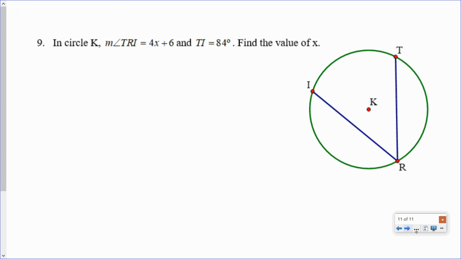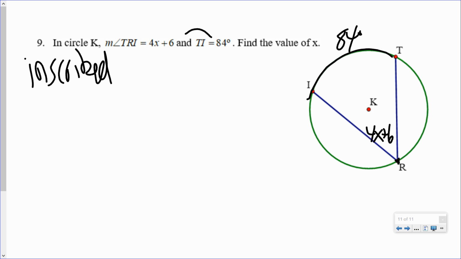And finally, angle TRI is 4x plus 6. Arc TI is 84, and it's asking for the value of x. Well, what type of angle do I have here? It's on the circle, so it's inscribed. Inscribed angle is half of the intercepted arc.